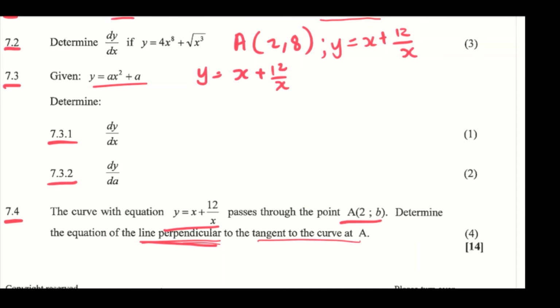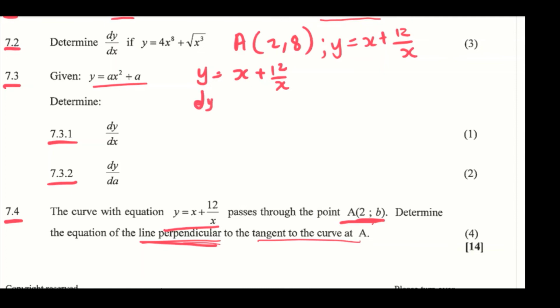It's because they're talking of a tangent, and the tangent is perpendicular to this line, so we just want to find the gradient of the tangent first, and then we'll sort out everything. Or we can find by deriving here, we can substitute these points here. All right, so let's just first derive this.